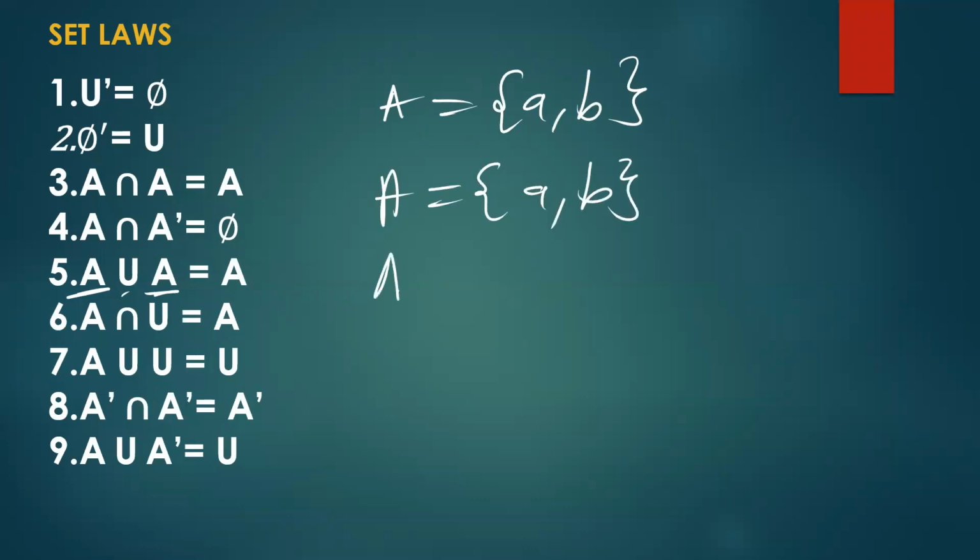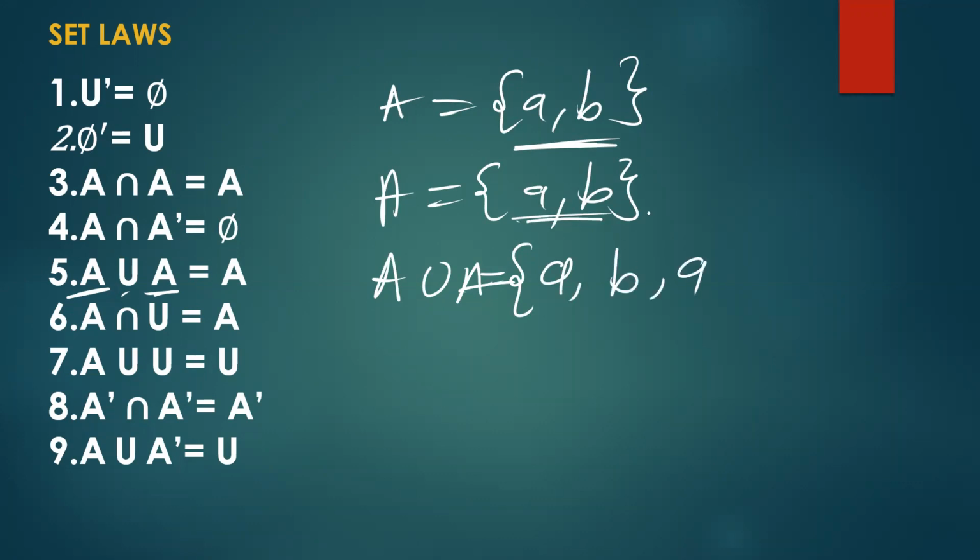So when you are finding A union A, it simply means that you are combining this set and that set. But remember one rule of sets: when you are combining two sets, make sure that you don't write the common elements 2 times. So you can't write A, comma, B, again A, again, comma, B. No, you don't write things like this.